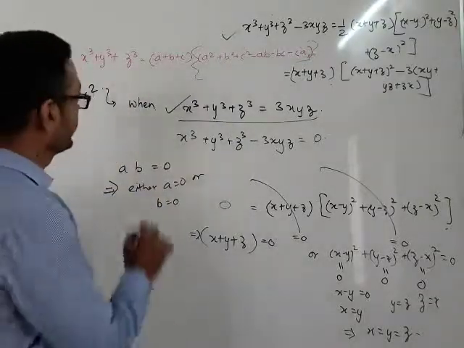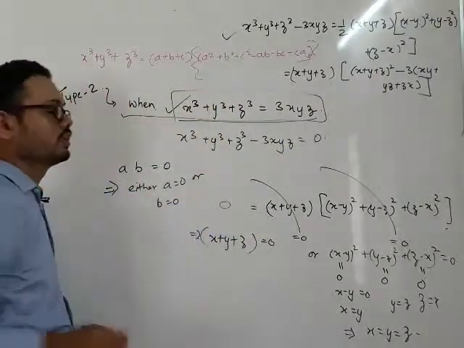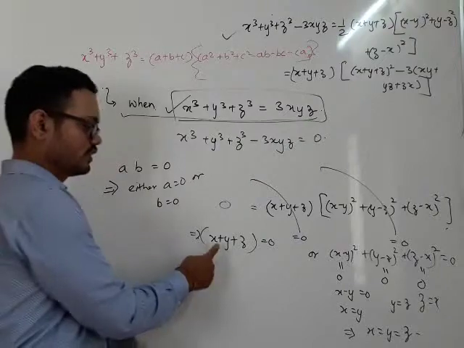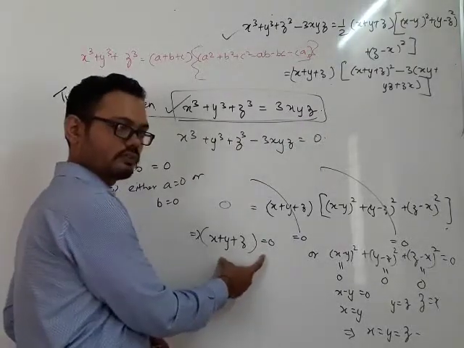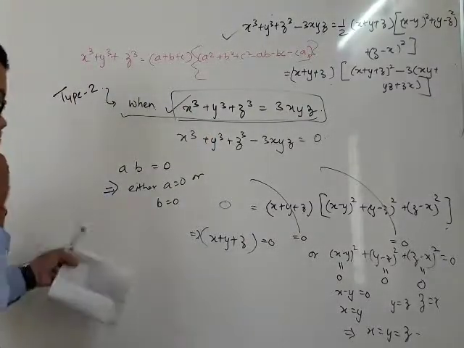In short, whenever you find x cube plus y cube plus z cube given as 3xyz, it means either x plus y plus z is 0, or x is equal to y is equal to z. This is how it has come.